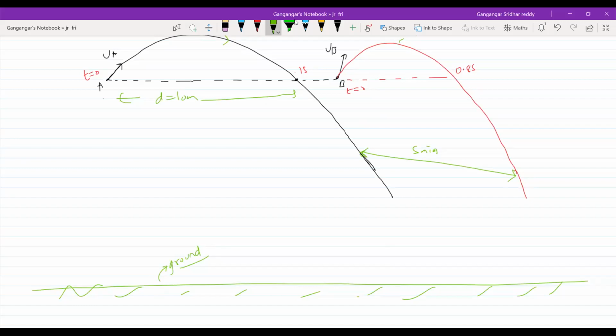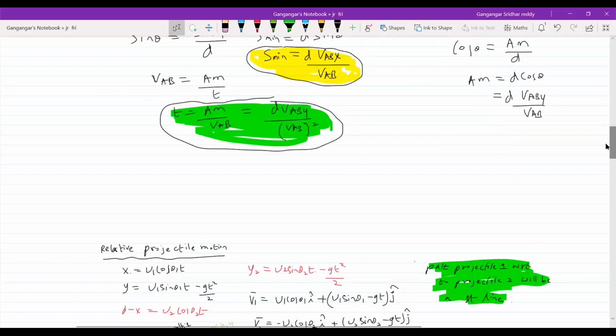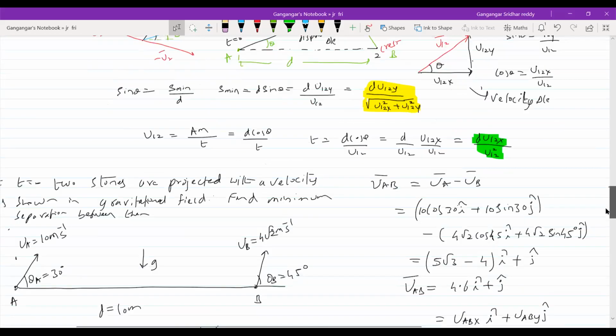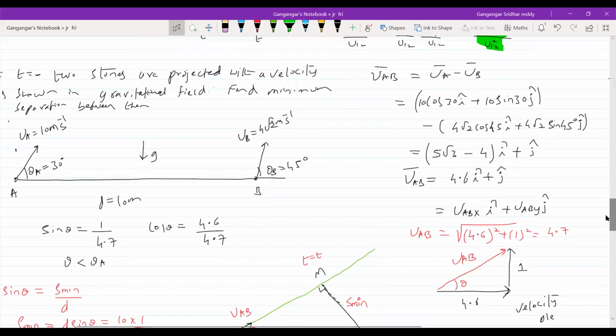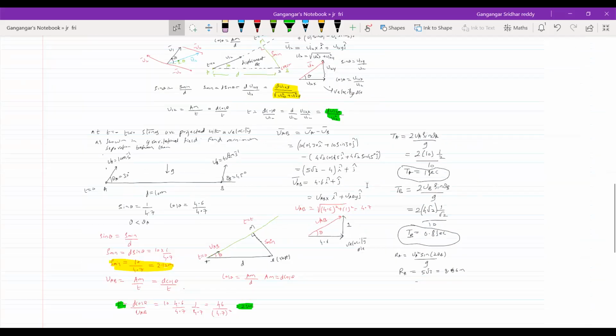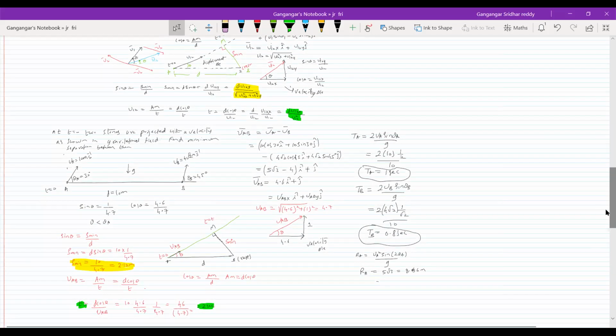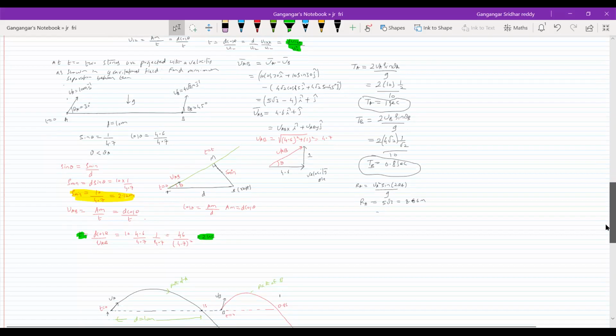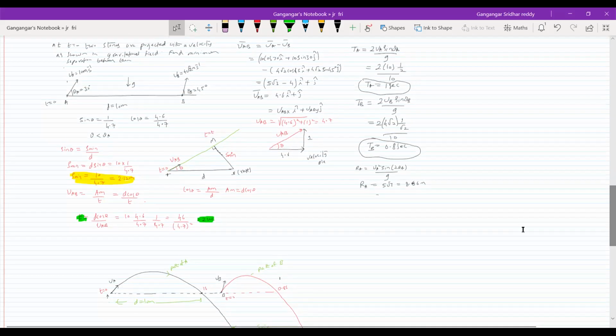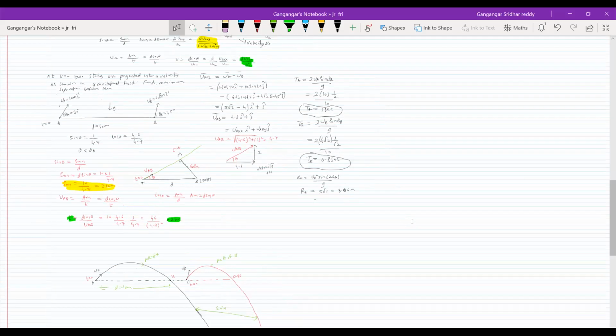Sir, could you once show the whole problem, the whole solution? This was the problem. So in the last diagram, AB is 10, sir.